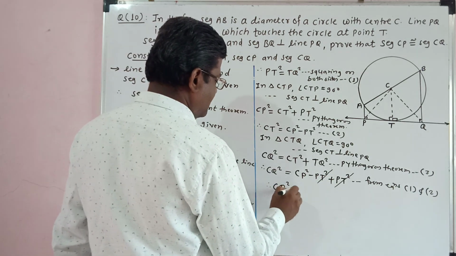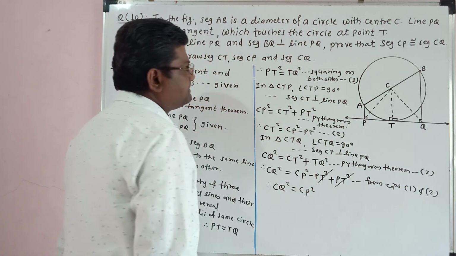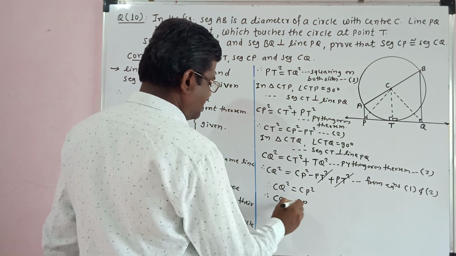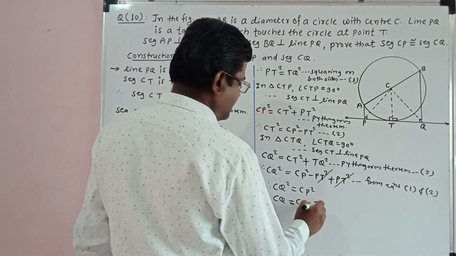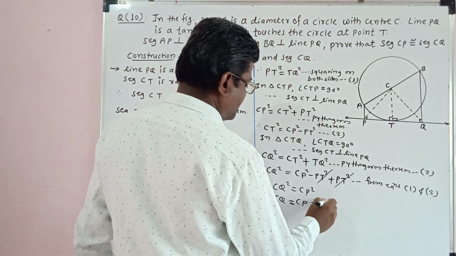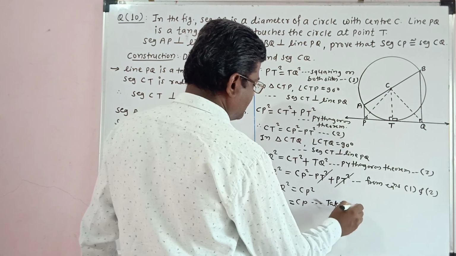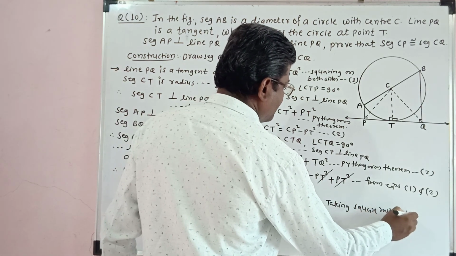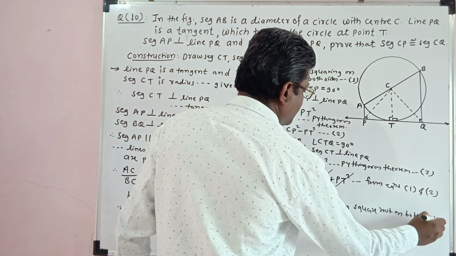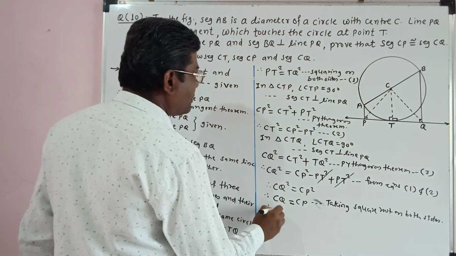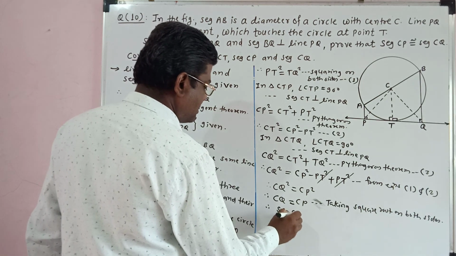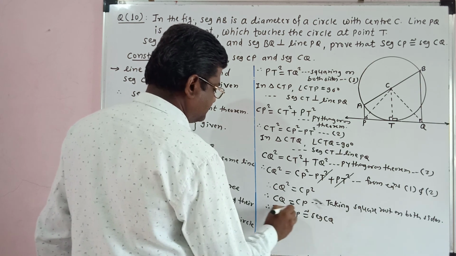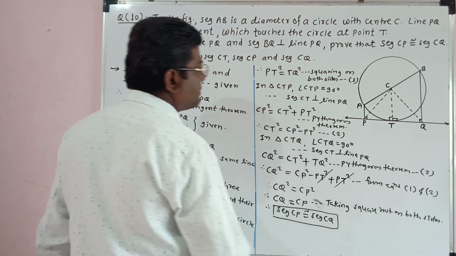Therefore CQ square is equal to CP square. Taking square root on both sides, CQ is equal to CP. Therefore segment CP is congruent to segment CQ. Proved.